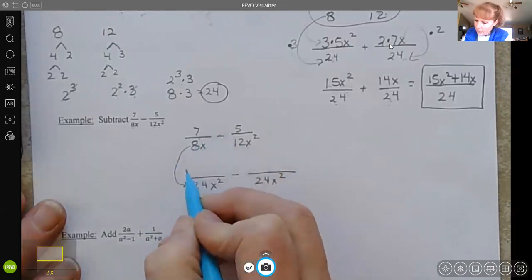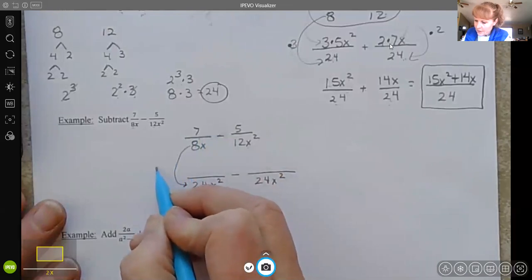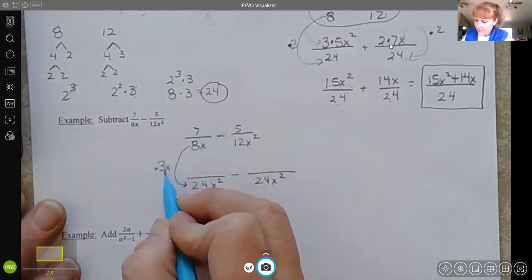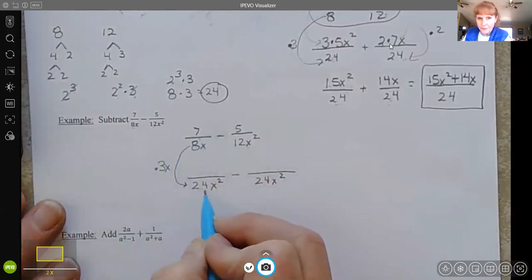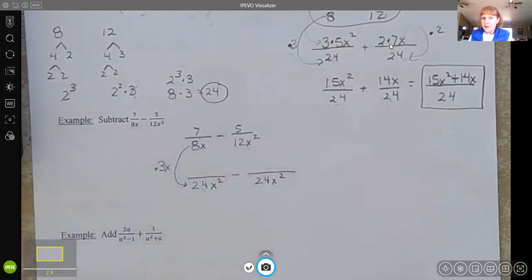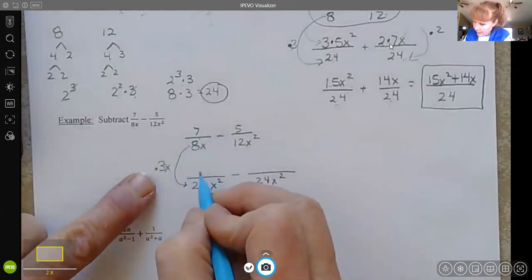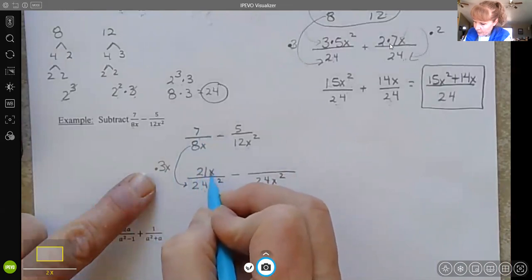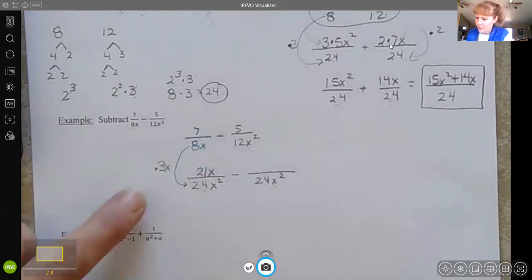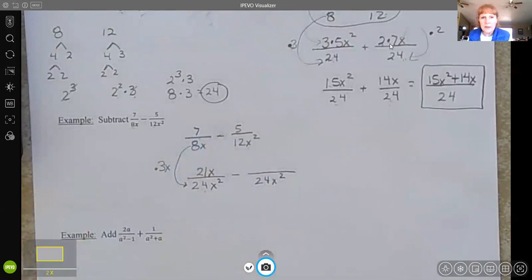So I had to multiply this times 3x. This times this gives me this bottom number. So that tells me what I'm going to multiply the 7 by. I'm going to multiply the 7 times 3x. So we get 21x. When I take 7 times 3x, I get 21x.